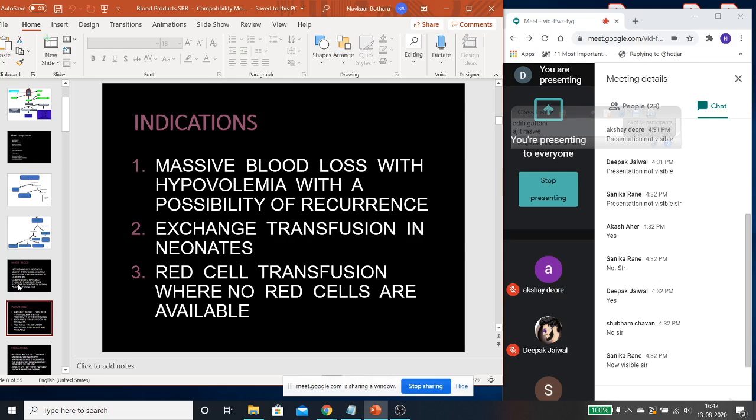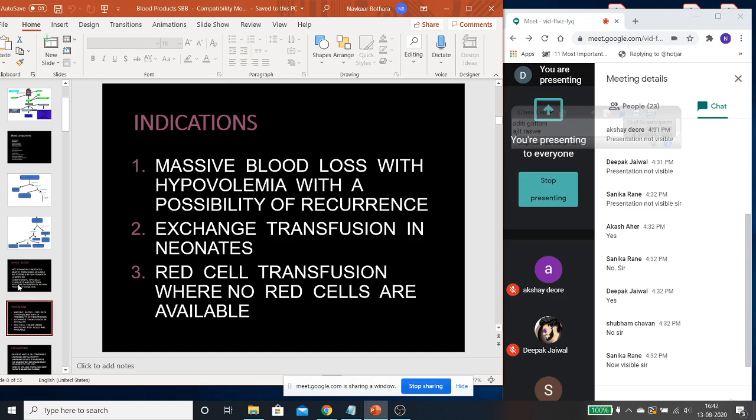When there is massive blood loss, we call it a vicious circle: with severe blood loss, organs receive less blood supply because of hypovolemia, even the heart functions less, and gradually all organs get less blood supply, hypoxia, and slowly it causes a problem. So to bring it back to a normal cycle, you need blood.